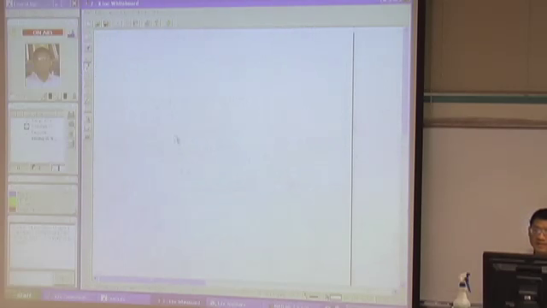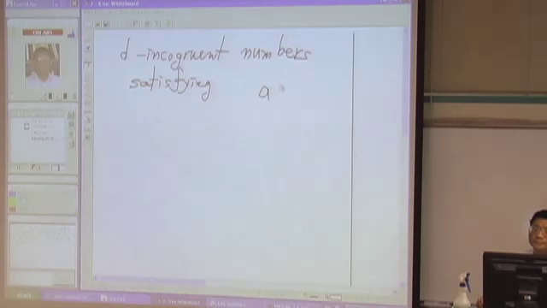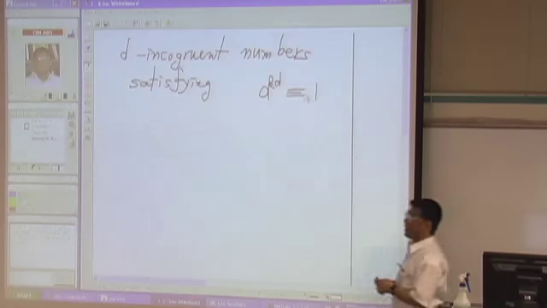So we have d incongruent numbers. By Fermat-Euler theorem, a to the power of d is 1.